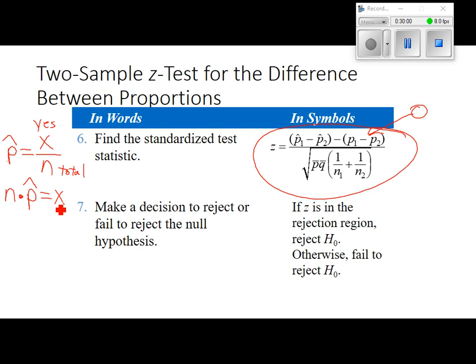So you might have to do that before you have the information that you can plug into your calculator. Those are two key things here. On your calculator, it's going to ask you for x1, x2, n1, n2. I think that's basically all it asks you for on these, because then it does the proportions itself.